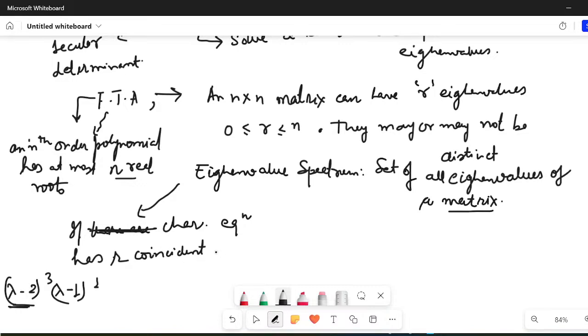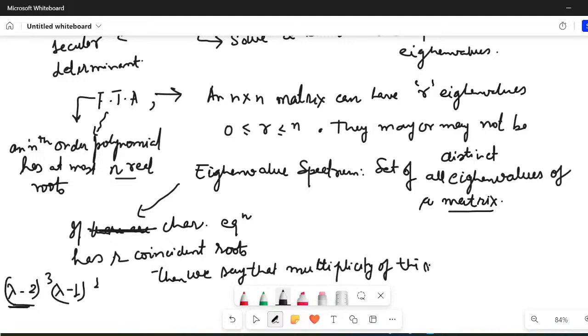If it has r coincident roots, then we say that the multiplicity of this eigenvalue is r. I hope it is clear.